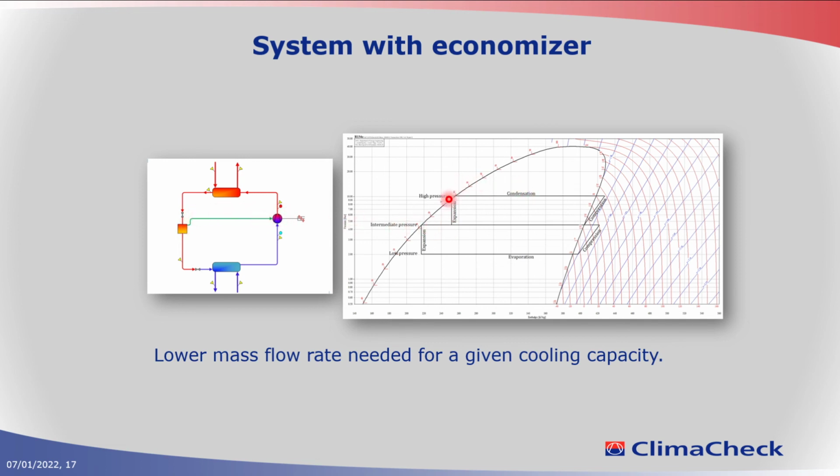So if we look at the H-log-P diagram, this is going to the expansion device, this is going to the economizer port on the compressor. And this gives some extra subcool, as you can see here. We are moving to the left in the H-log-P diagram.